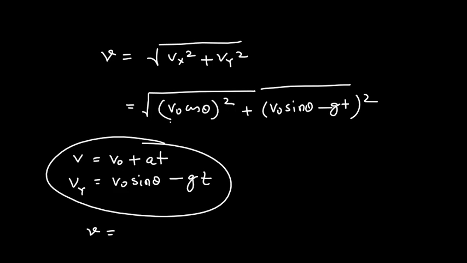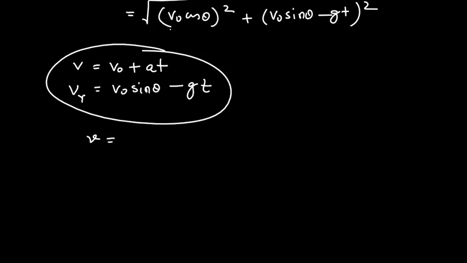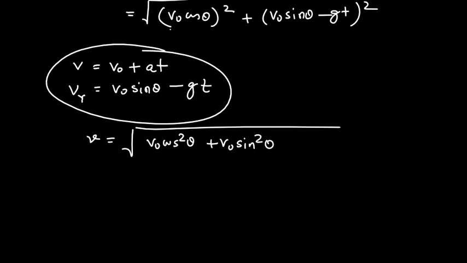So now the value of v can be simplified like this: under root v naught square cos square theta plus v naught square sine square theta plus g square t square minus 2 v naught gt sine theta.